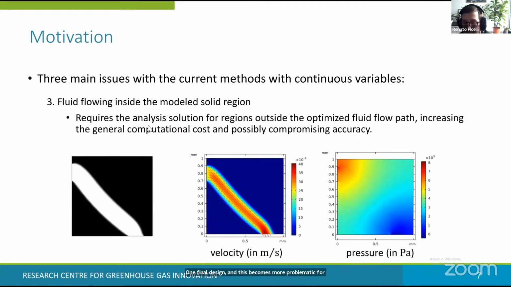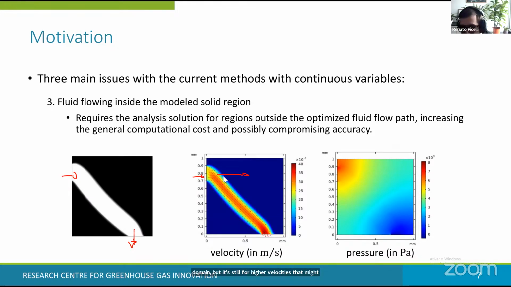The third issue regards the fluid flowing inside the solid, or leaking into the solid. Here, you can see that I got a nice solution with COMSOL, and I do not get any fluid flowing into the solid. I get fluid flowing only in the fluid domain, but for higher velocities that might easily happen.